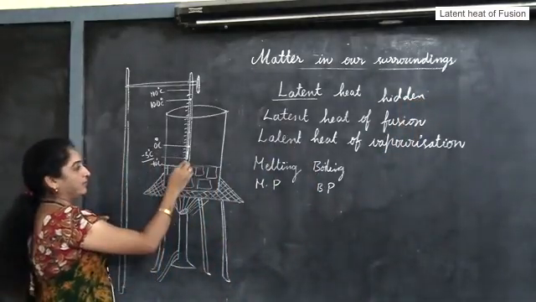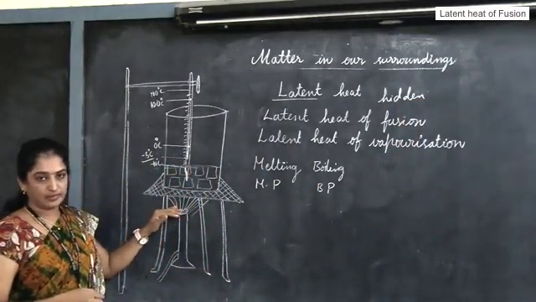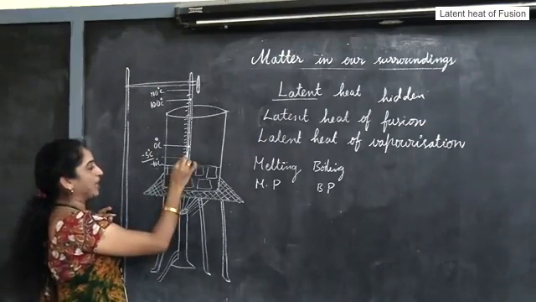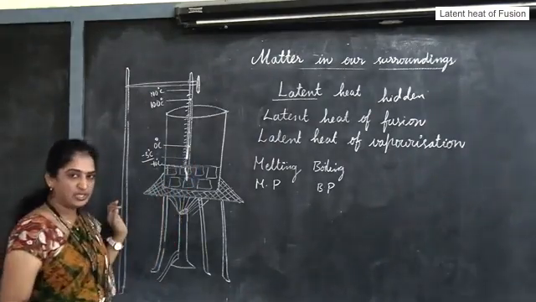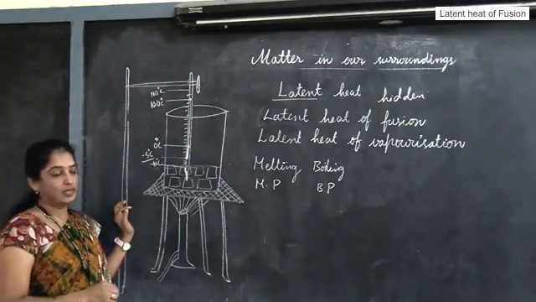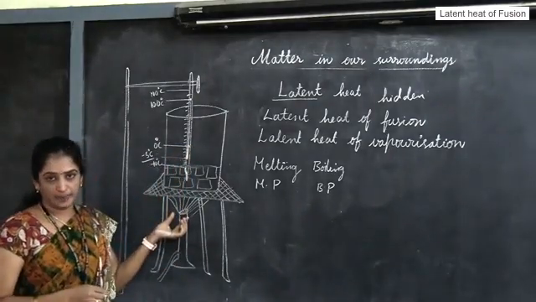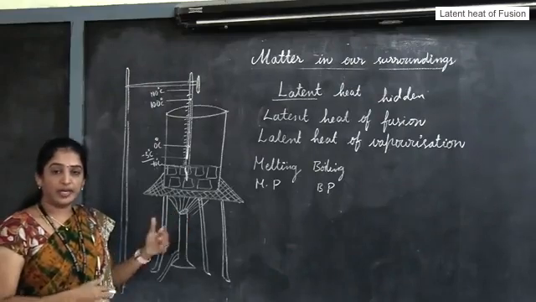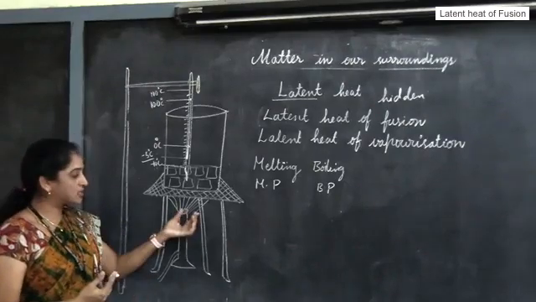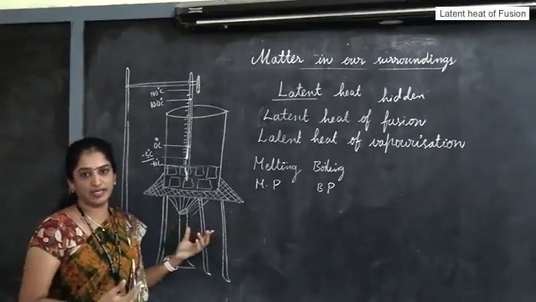When we start heating, the temperature increases from minus 5 degrees centigrade to 0 degrees centigrade. At 0 degrees centigrade, the temperature stops rising. Where is this energy going? We did not stop heating. We are continuously heating.